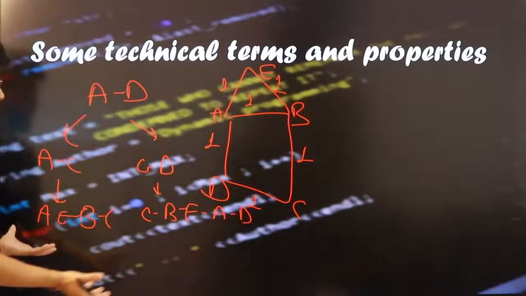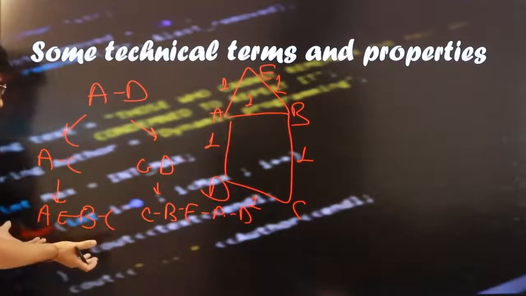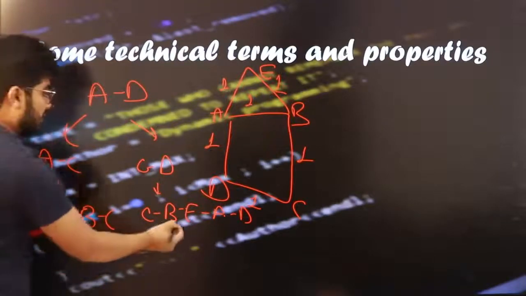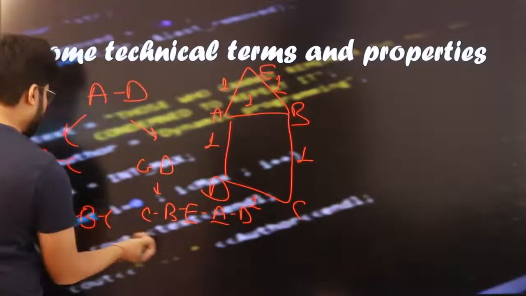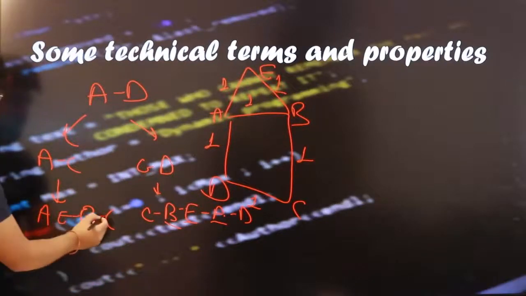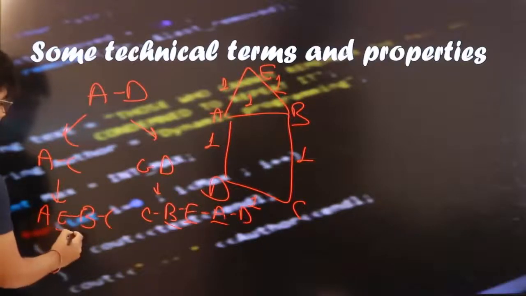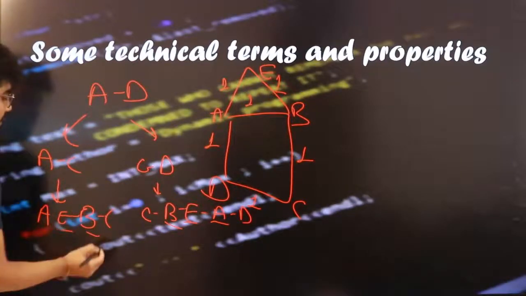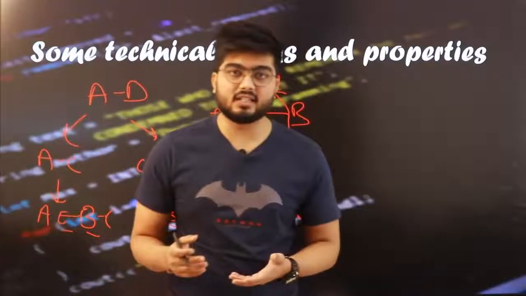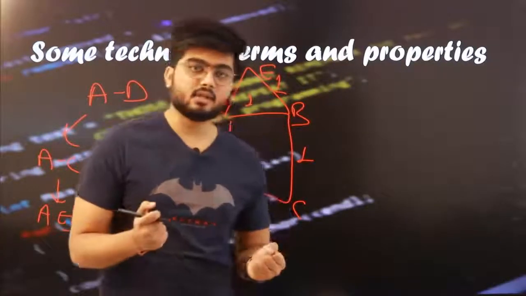Now, as you see, if we try to combine these two as our answer, there are vertices which are being repeated. We are visiting E, A, and B in going from C to D, as well as when we are going from A to C, we are again visiting A, E, and B. So we are visiting the same vertices repeatedly.